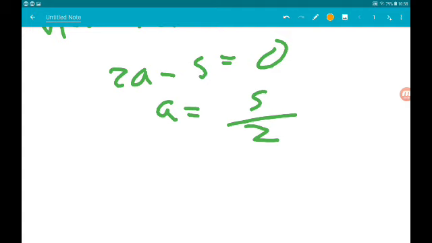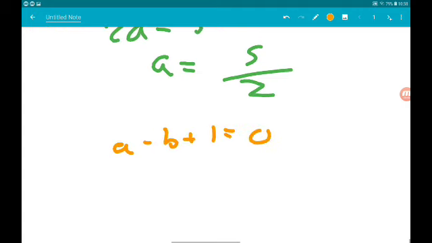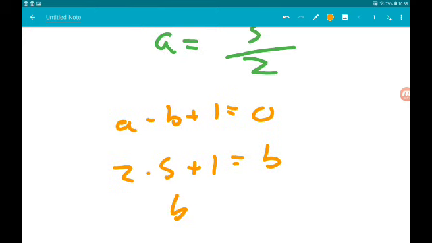Cool. So we know that a minus b add 1 is equal to 0, 5 halves is 2.5, 2.5 add 1 is equal to b, so b is 3.5.